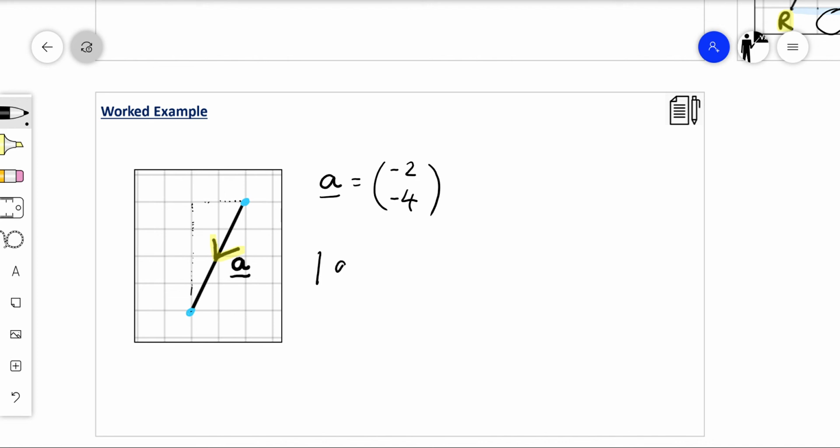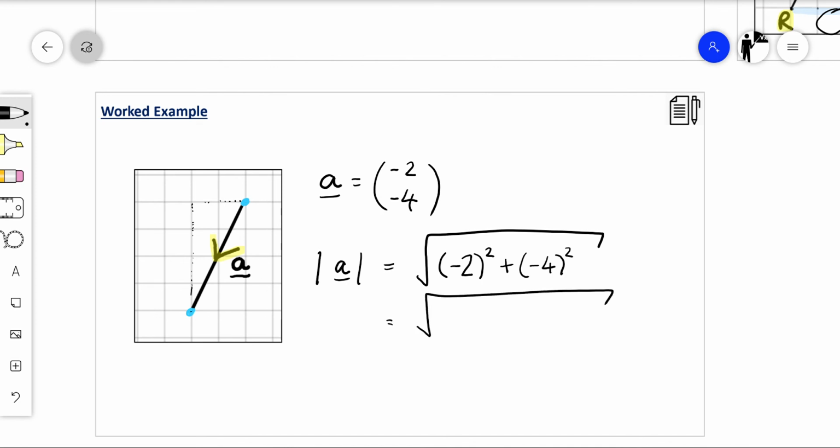The magnitude of the vector, the magnitude of a, once again we put the bars around either side, we put our line underneath a to denote it as a vector. Well, the magnitude is, we square this side and this side, add them and square root. Once again, just Pythagoras. We're going to do minus 2 squared plus minus 4 squared. Okay, so minus 2 squared is 4, negative times a negative is positive.